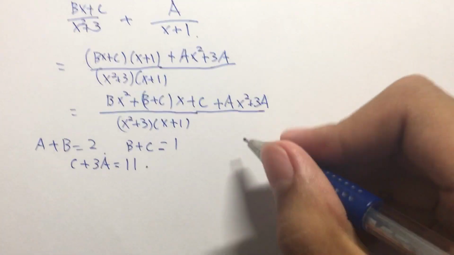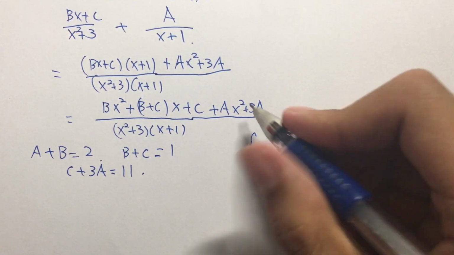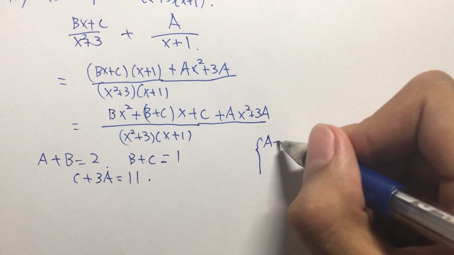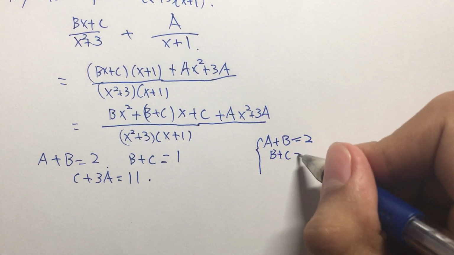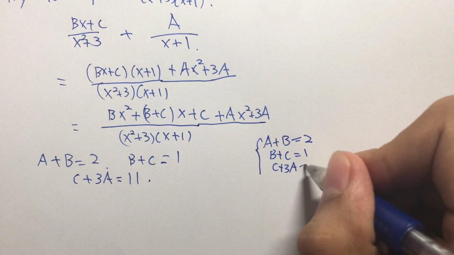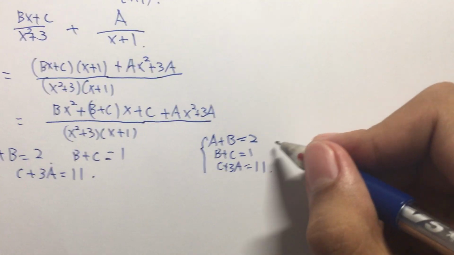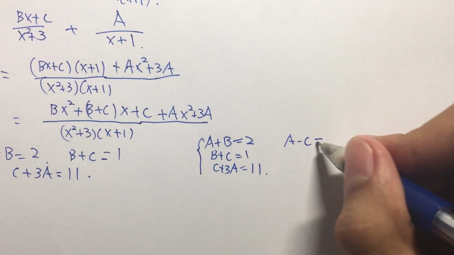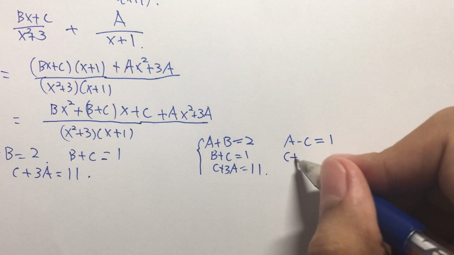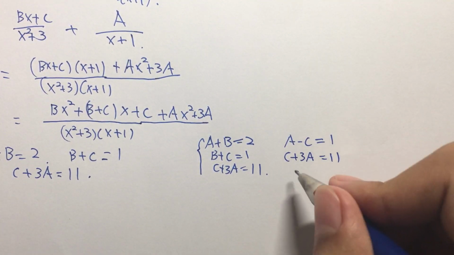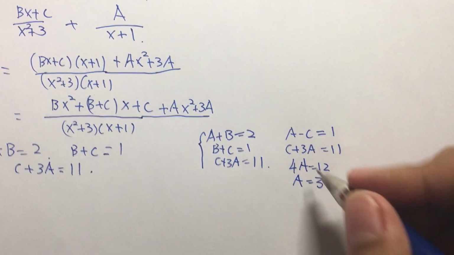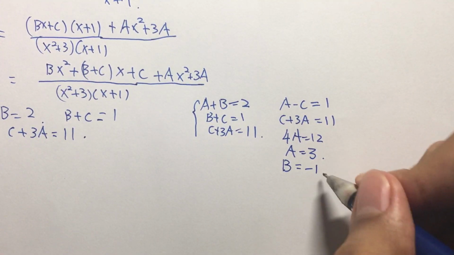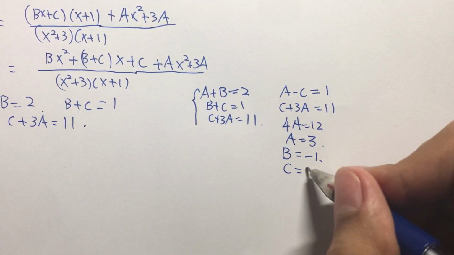So now we have another simultaneous equation, but with 3 variables. Let's solve this. We can get a minus c equals 1, and c plus 3a equals 11. So we have 4a equals 12, a equals 3. And we know that b is equal to negative 1, and c is equal to 2.